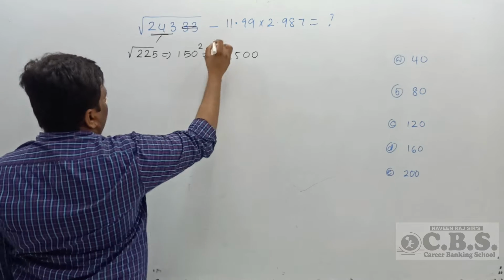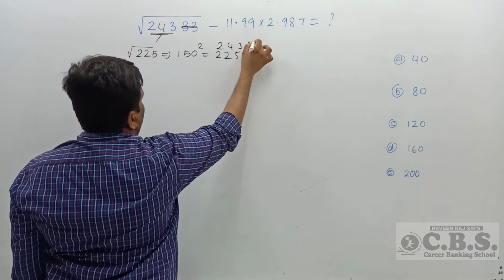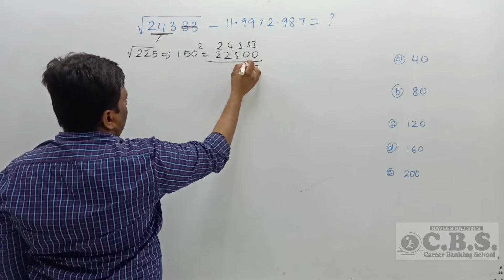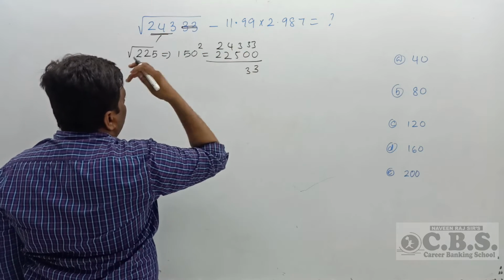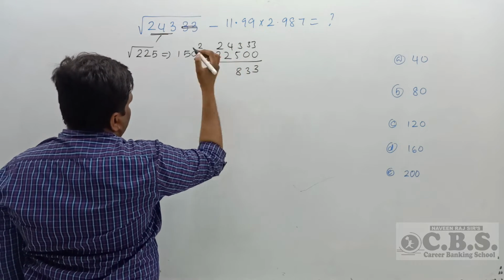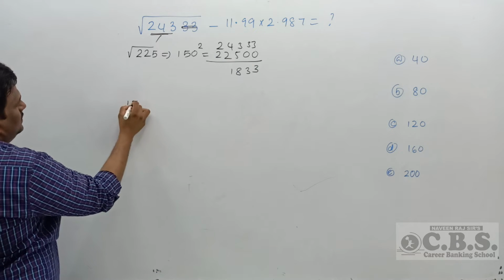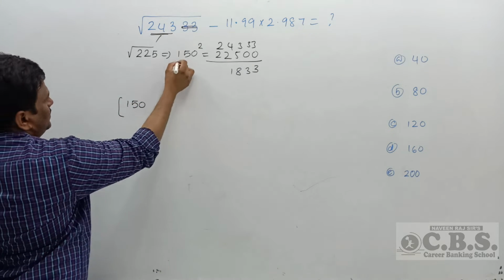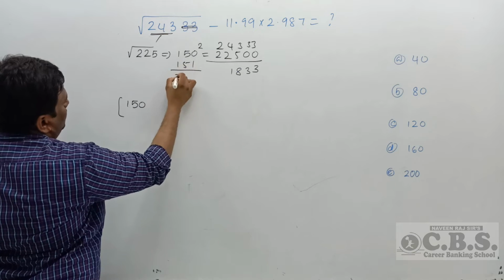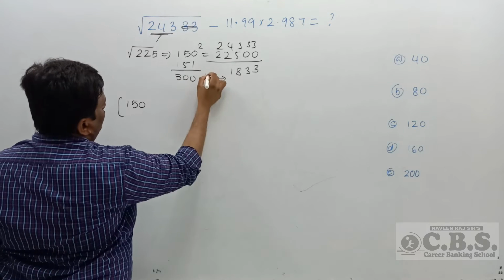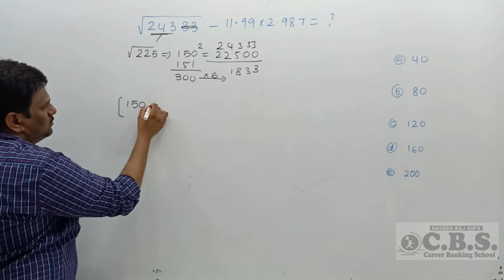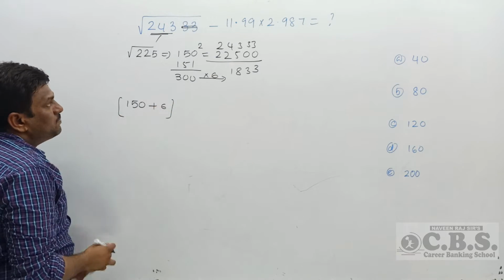Okay, what's your number? 24333. You can take the difference. What is this? 13 minus 5, it is 8, and it is 1853. What is the starting value? It is 150. Okay, get my point? What is the next number? It is 151. What is the sum? 300. So 300 to this one, how many times? It is approximately 6 times. So it is 150 plus 6.